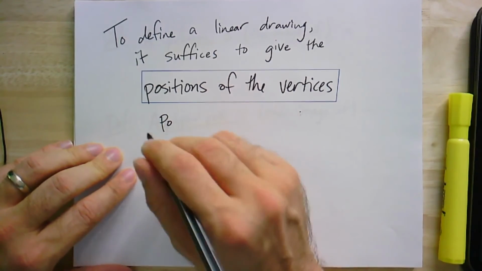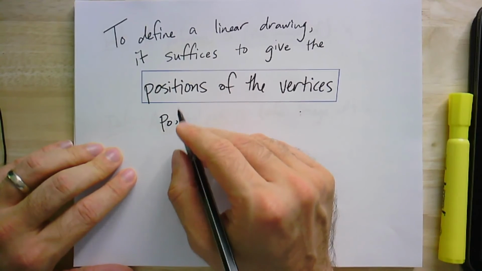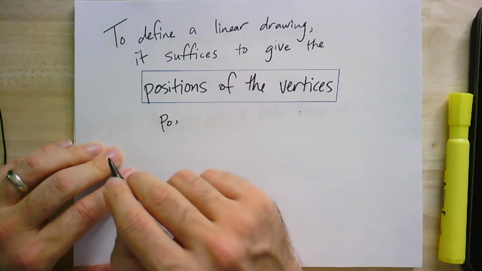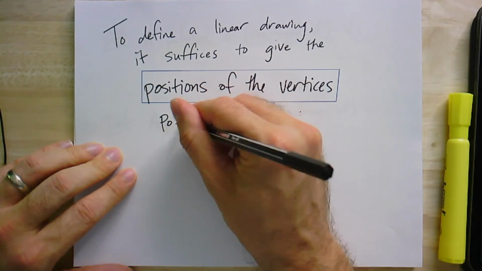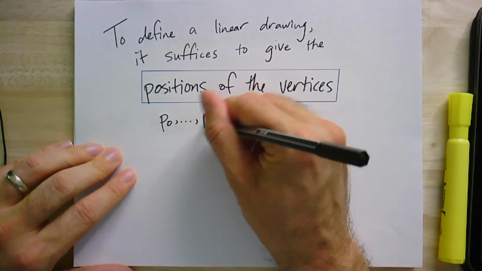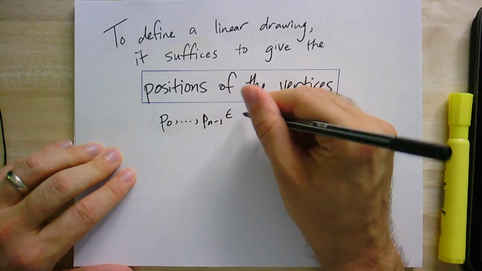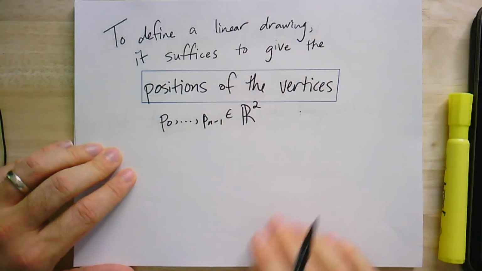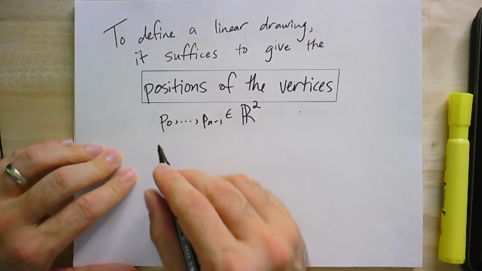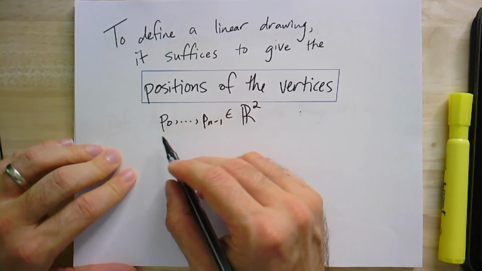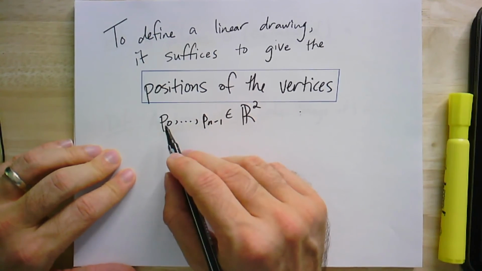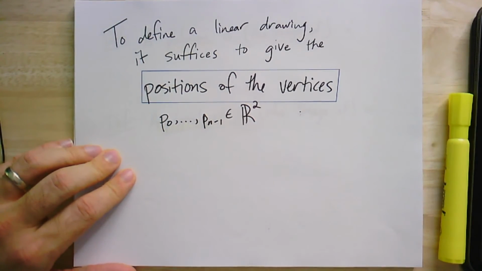But it's true even more than that if you want to specify the linear mapping or the linear drawing as a matrix. So let's say that my vertices are points here, and let's put them in the plane. So here are points in the plane, and I want vertex i to go to point p_i.